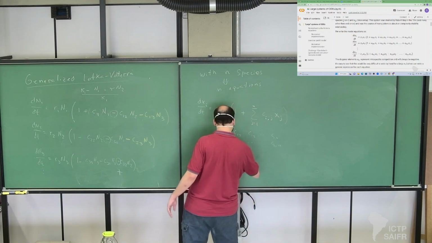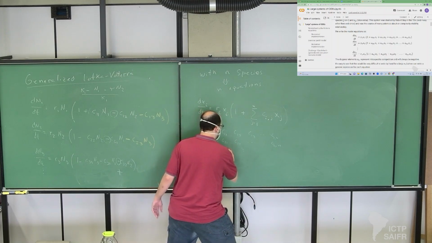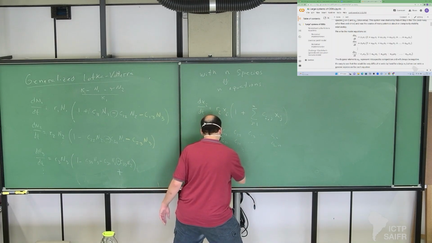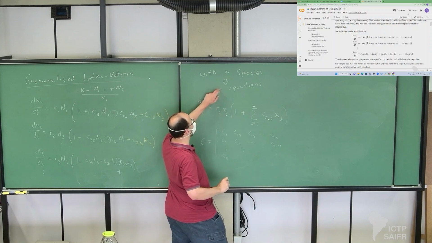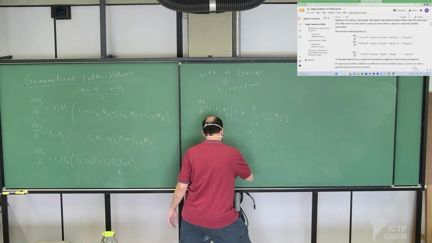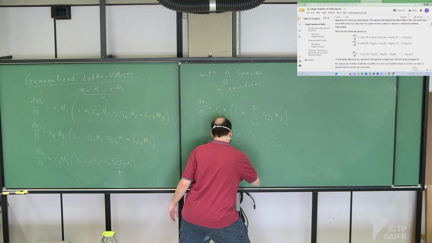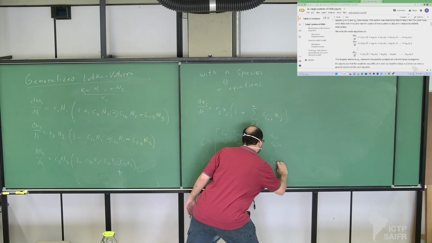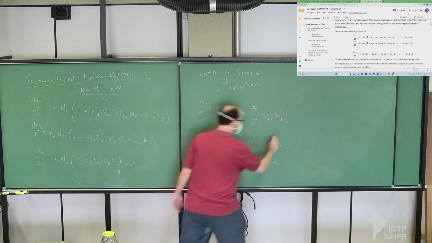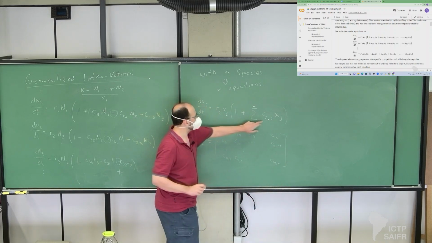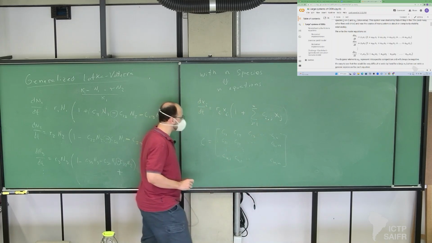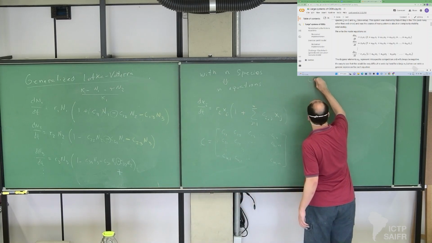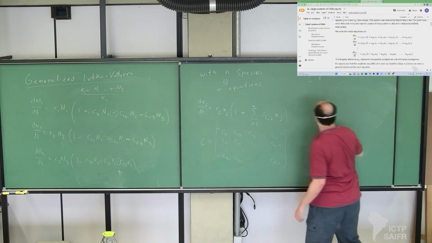Of course, this has n lines, and this ends with the nth line, Cn1, Cn2, and so on until Cnn. And this thing that shows up here is just C multiplied by the vector x.